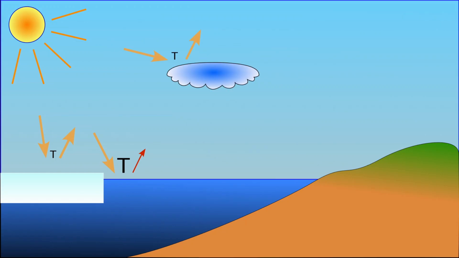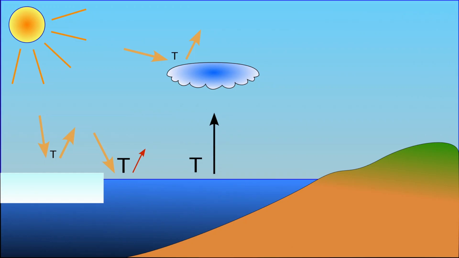Another surface where solar radiation is strongly reflected are clouds. So the surfaces of clouds, they reflect solar radiation quite strongly. They have a strong albedo as well. And so cloud cover is also reducing the amount of solar radiation which is reaching the ground and leading to increases in temperature.